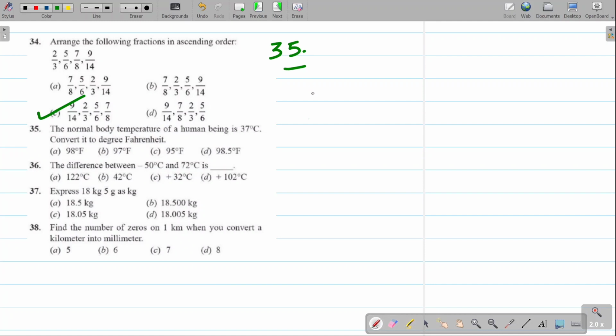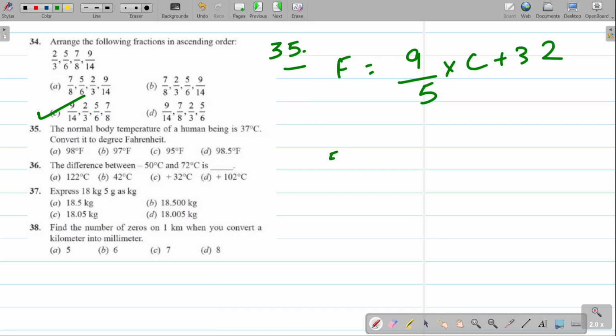It says the normal body temperature of a human being is 37 degrees Celsius. Convert into degree Fahrenheit. So in this question we have to write this formula: F is equal to 9 by 5 into C plus 32.